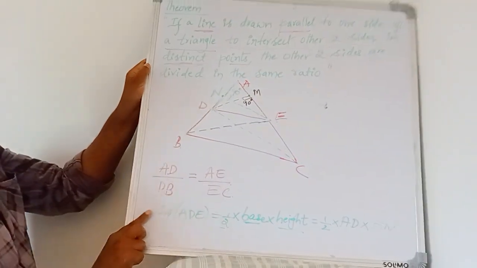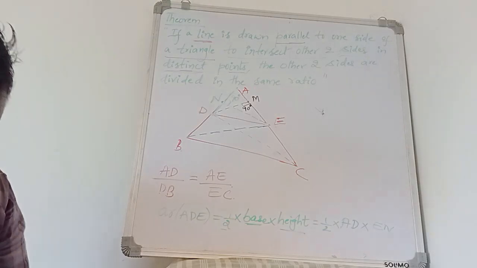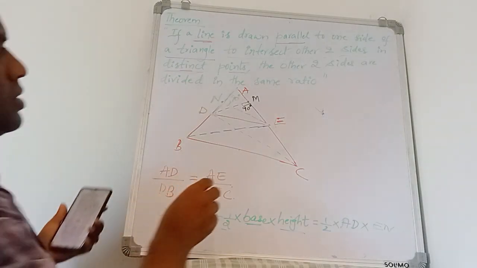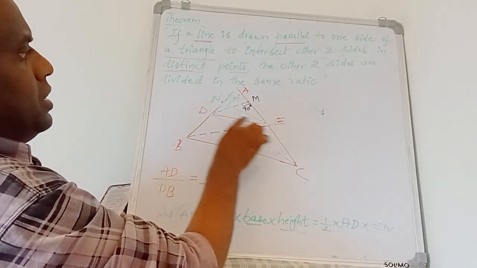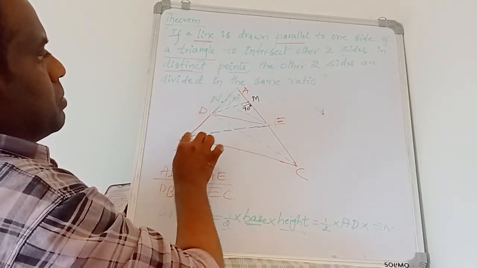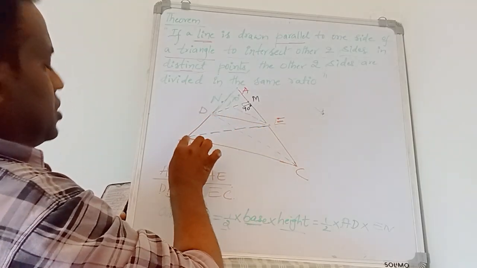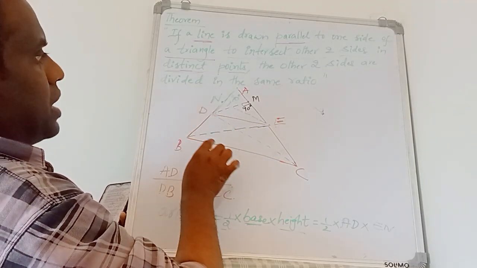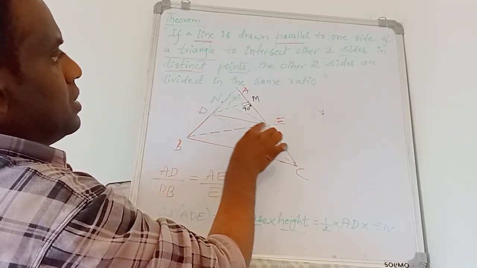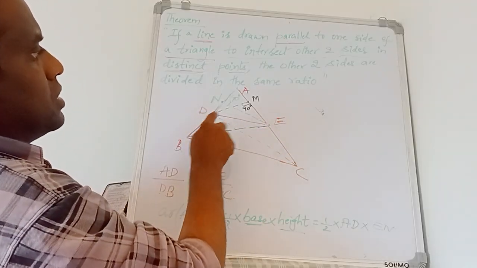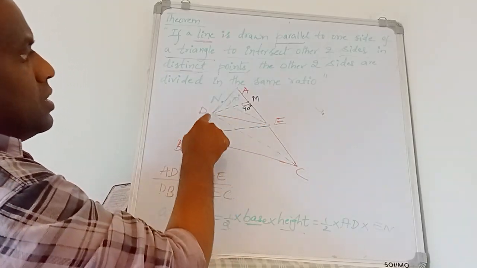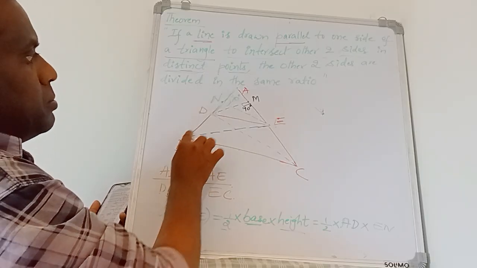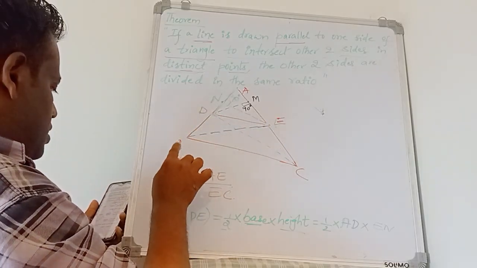So look at the diagram. See BD, take triangle BDE, this triangle, and DEC triangle, this triangle.